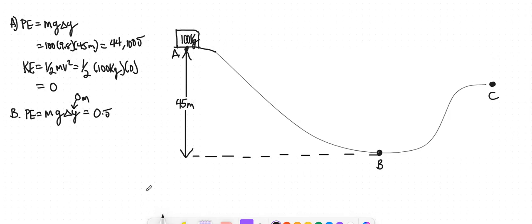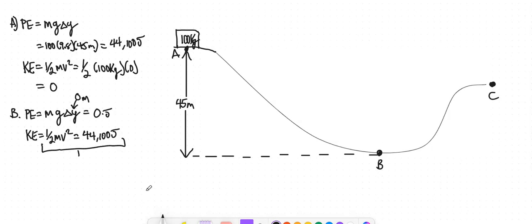And the kinetic energy should be equal to all of that potential energy that we had up here. We're going to get a full conversion of potential energy to kinetic energy. So that should be equal to 1/2 mv squared, which we know is going to be 44,100 joules. You could use this formula right here in order to find the velocity down here at the bottom.